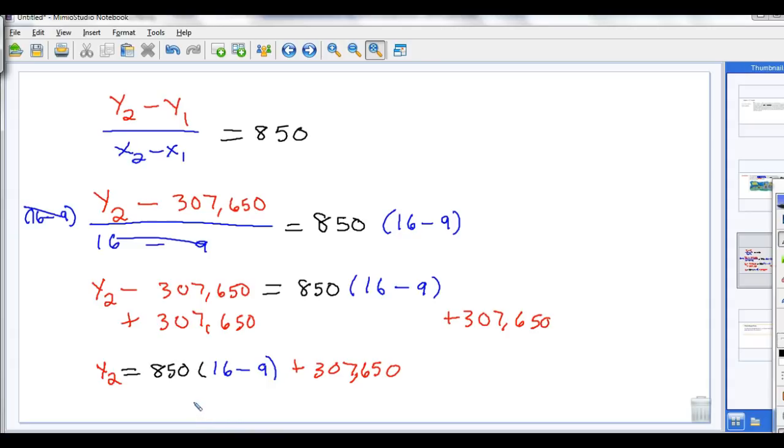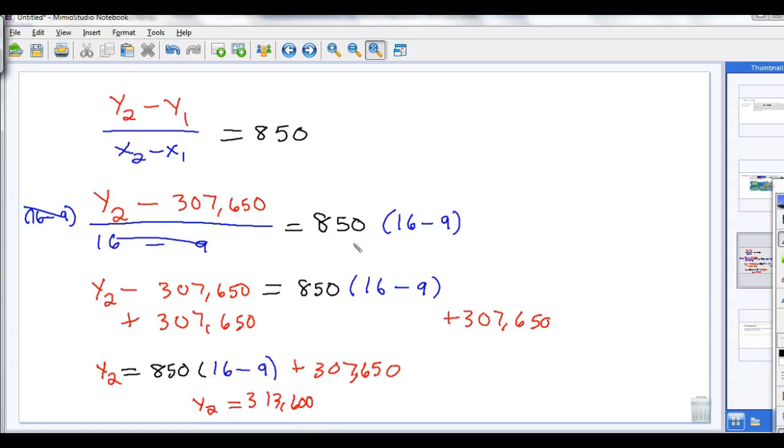I get y2 equals 313,600. Well, we know it's increasing by 850 people every year, so it's going to be increasing by about 6,000, which seems reasonable. 7 years times this is going to be about that number. So it seems reasonable to me.